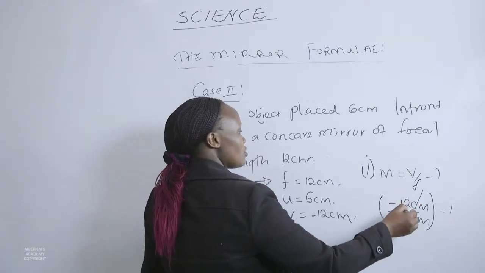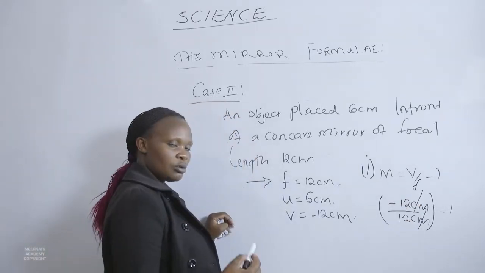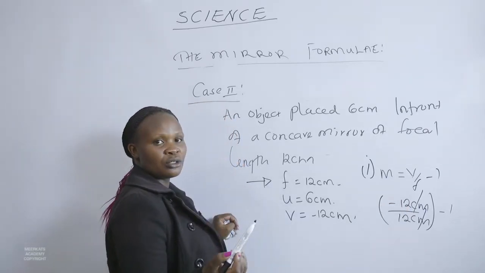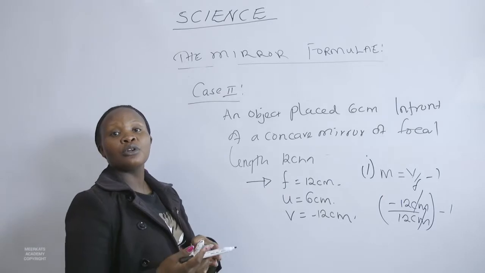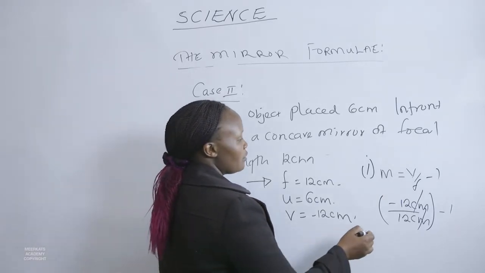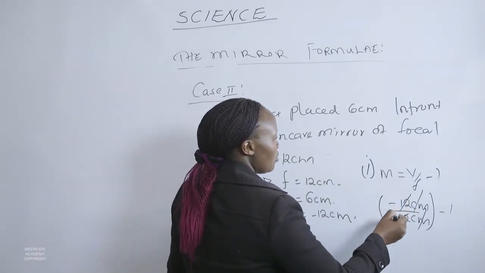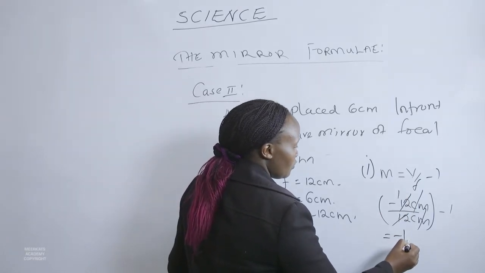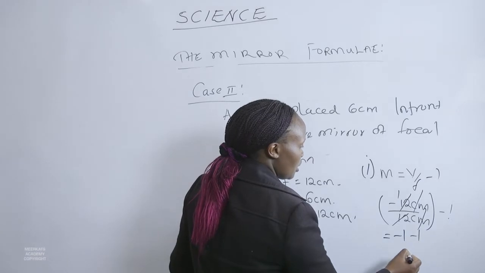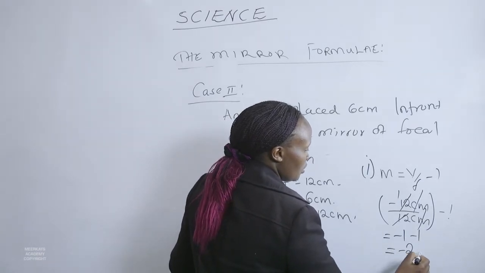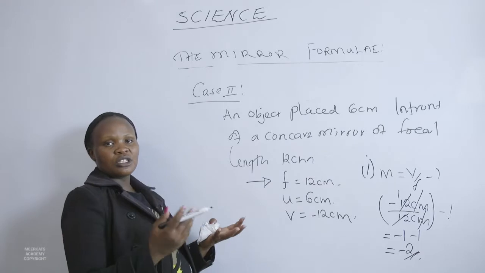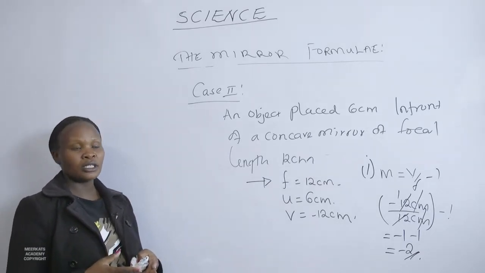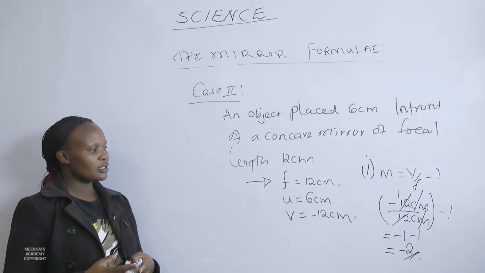And you can cancel where possible. Do away with the units, because magnification is a ratio of distances. You do not expect it to have units. Then 12 by 12 is 1. This leaves you with negative 1. Subtract 1 will give you negative 2. So whichever method you choose, it's actually supposed to yield the same result.